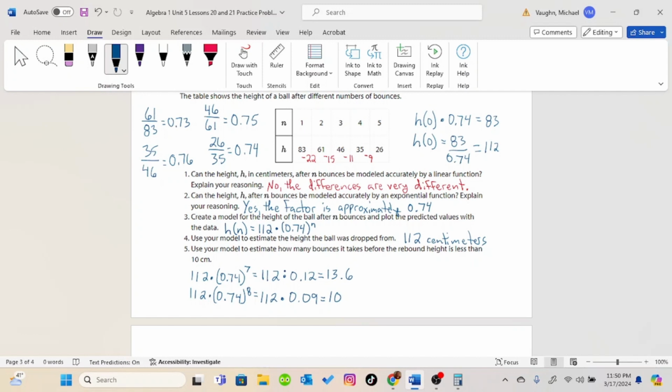So if you said 8 or 9 bounces, you would be correct, because this could vary a little bit depending on what we decided to use for our growth factor and what that gave us for a drop height. So 8 bounces or 9 bounces is what it would take.